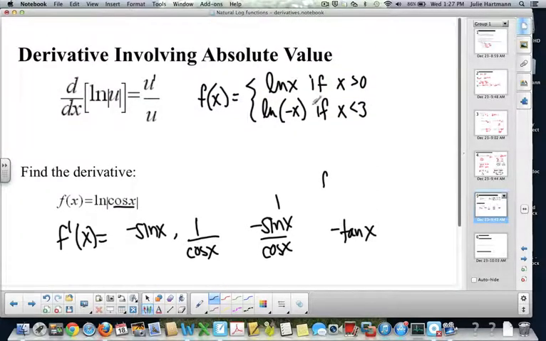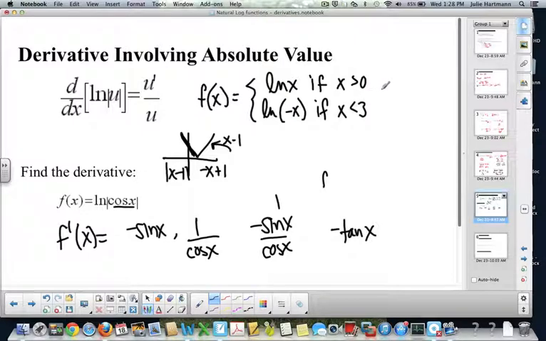Now, the reason why is the way that the absolute value works. How we talked about if it was x plus 1 or x minus 1, it looks like this. So if this was x minus 1, this first line ends up being negative x plus 1. And then the second line would be x minus 1. That's the same thing, ln of x versus ln of negative x.